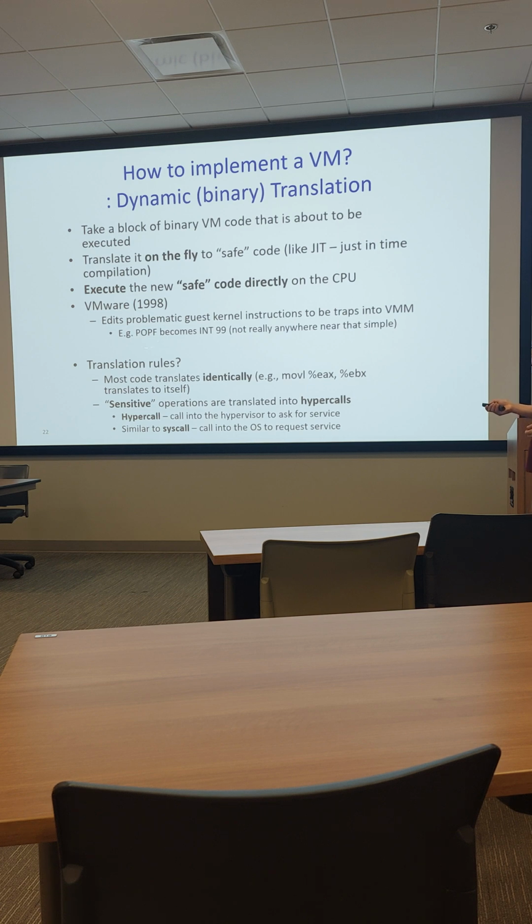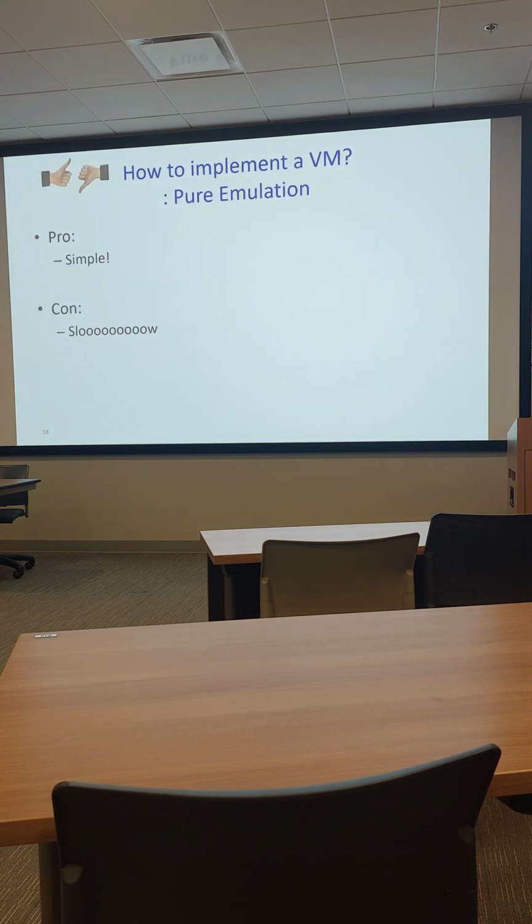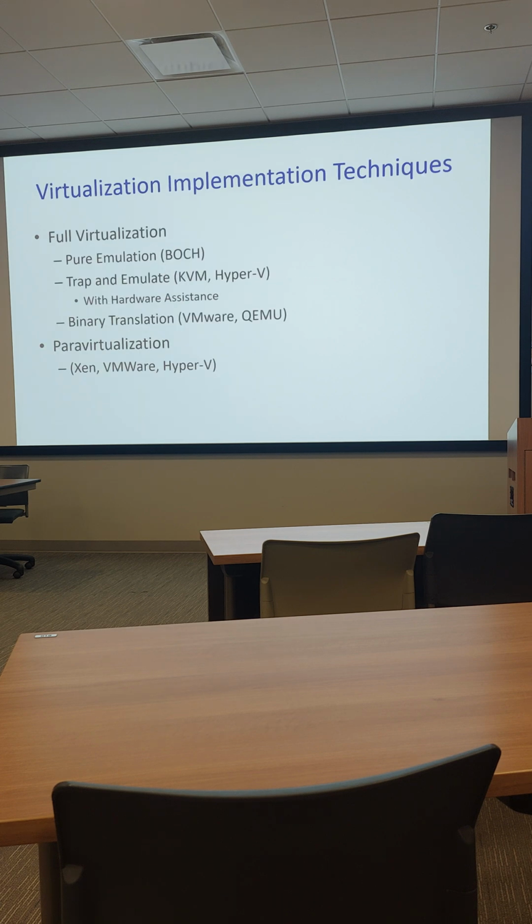Here the detailed explanation involves the x86 instruction sets. But for you, I would say just know that there are different ways of implementing virtualization: pure trap and emulate, and binary translation. Trap and emulate does require hardware assistance.